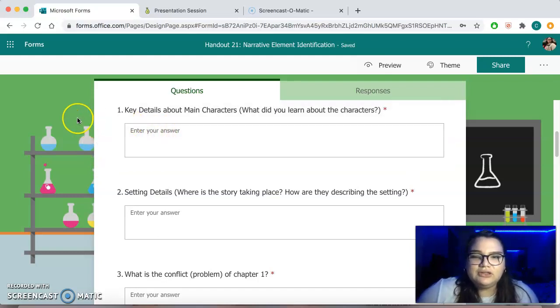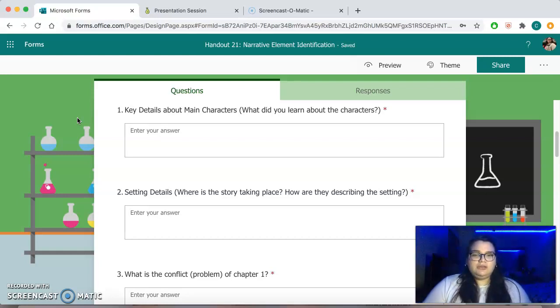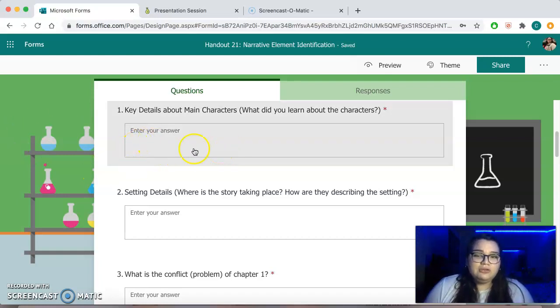I'm going to ask you, what are the key details about the main characters, right? So what you should do in this question is tell me who the main characters are that are being introduced, and what you learn about those characters. If we remember chapter 1, they introduced Beetle, right? They're describing how she has a really sad life and she sleeps in the garbage. So you should be able to give me all those details.